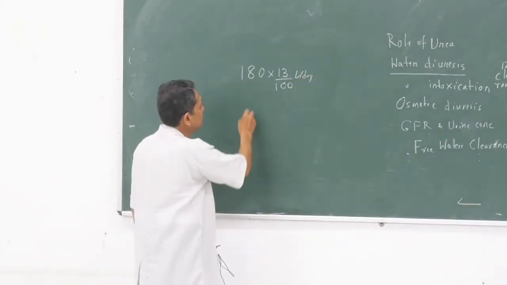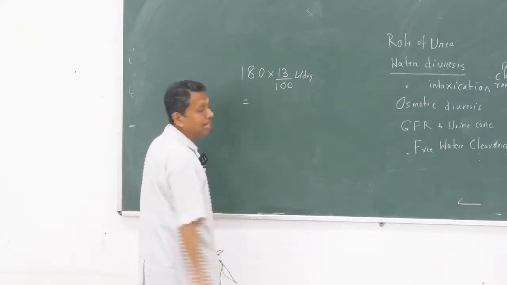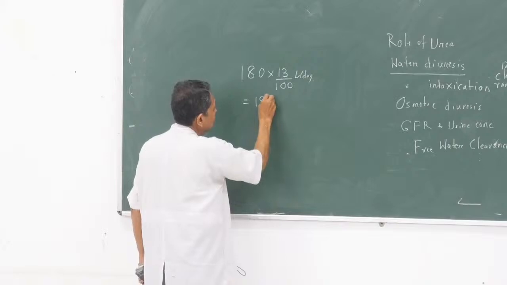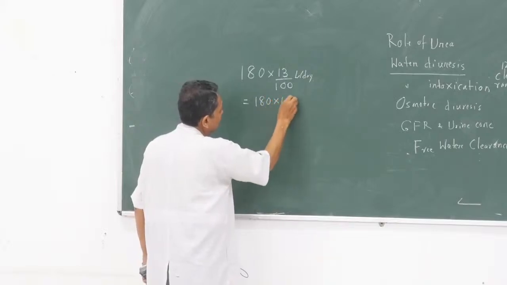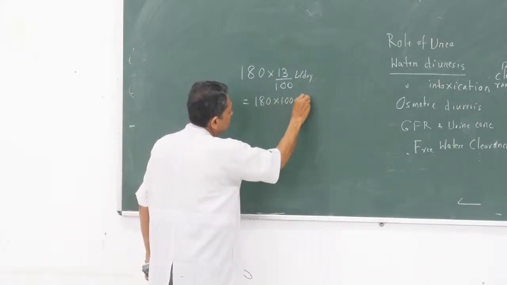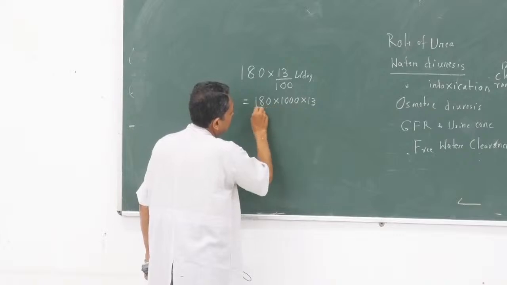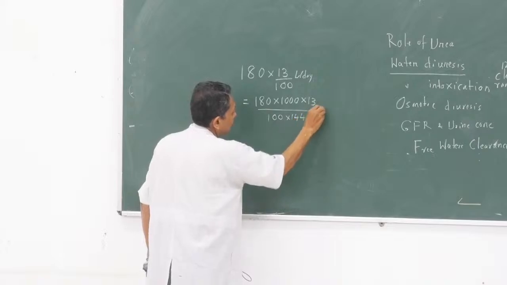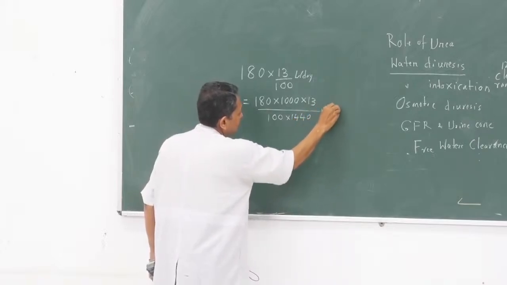So this is liters per day. Then 180 into 1000 into 13 by 100, divided by 1440, gives 16.25 ml per minute.